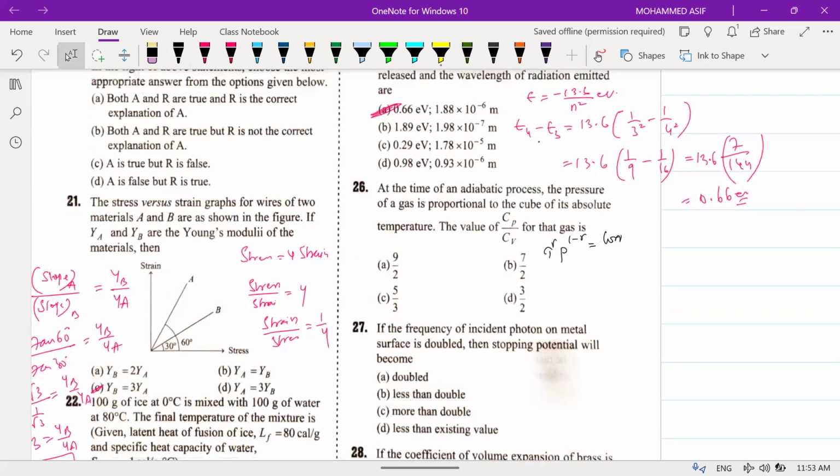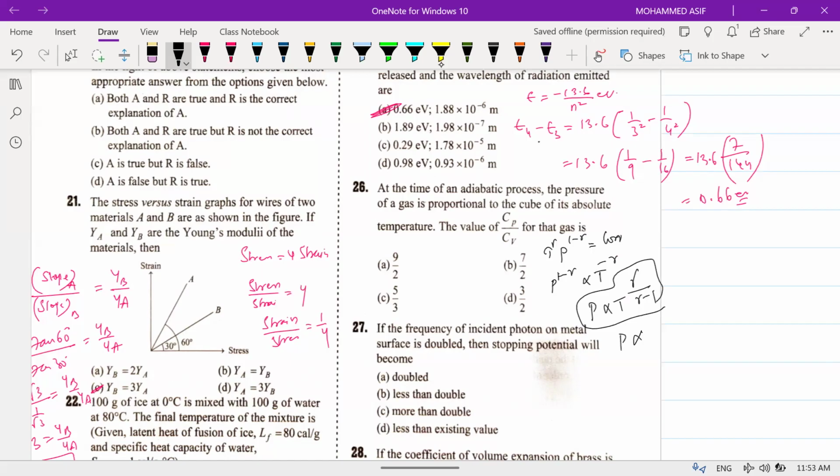If I'm writing the pressure and temperature relation, just transfer the powers. This will be P power 1 minus gamma proportional to T power minus gamma. So if I transfer the powers, P is proportional to T power of gamma divided by gamma minus 1. This will be the relation.